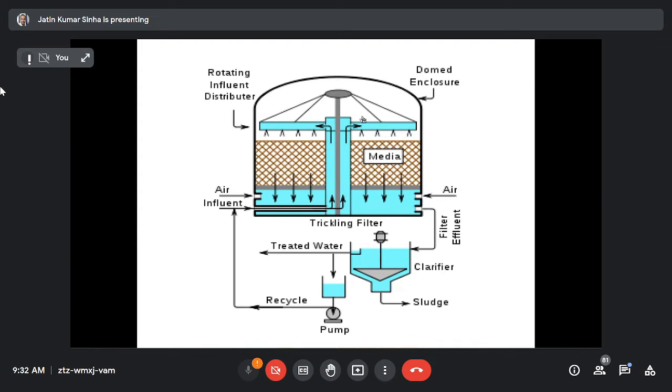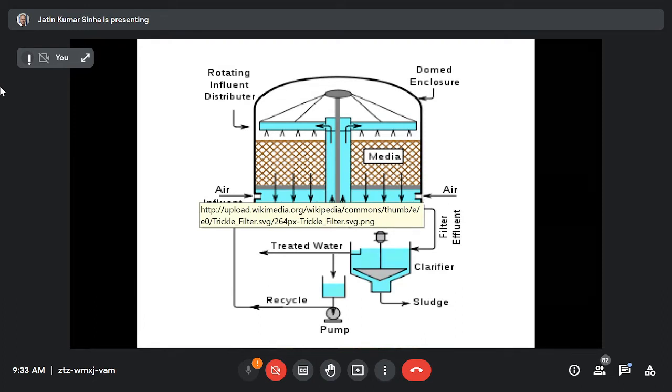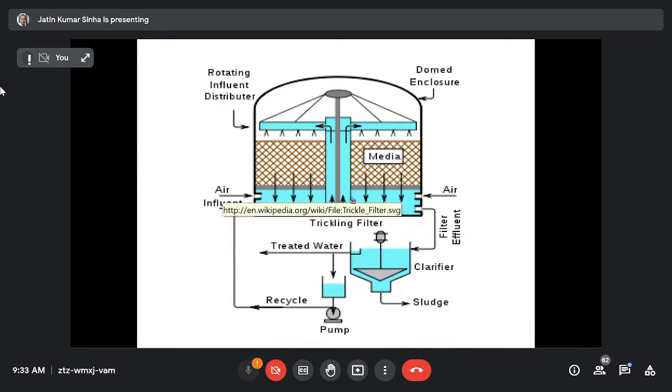The dropping water is nothing but the sewage water. After the first treatment, it passes through this media, and during that passing, the organic matters from that water are removed in the form of carbon dioxide and ammonium and ammonia.